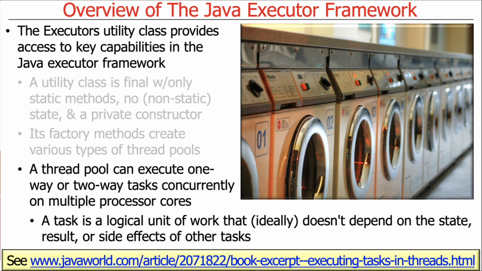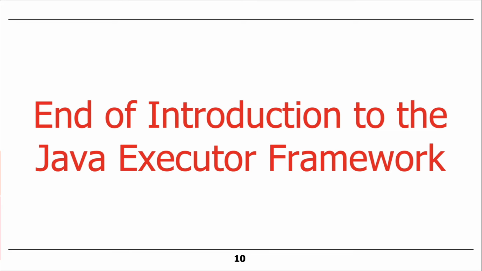In the context of the Executor framework, a task is a logical unit of work that ideally doesn't depend on the state, result, or side effects of other tasks. So that's a really super duper quick introduction to the Java Executor framework.